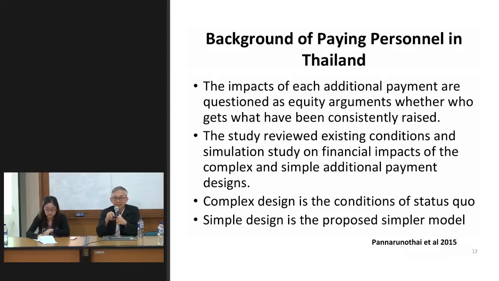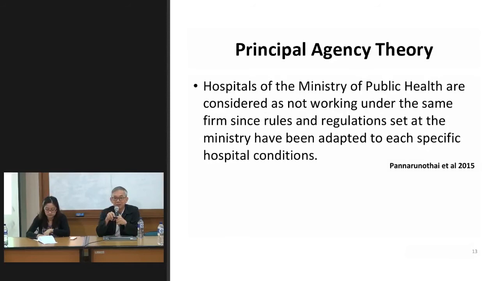And this is our interpretation of the principal agency theory, that the hospitals of the Ministry of Public Health are considered as having several firms, maybe many principals, or in short, they are not homogeneous. The hospitals adapt the rules from the Ministry of Public Health, and then they apply them to their own hospital with a specific condition.